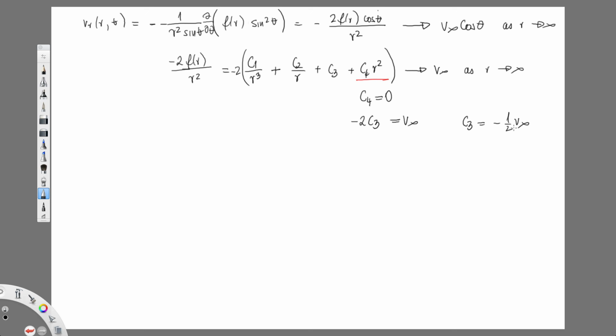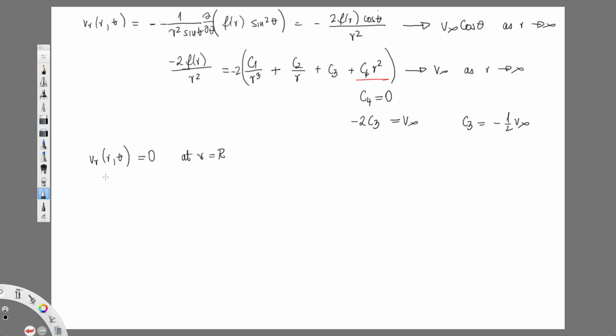So then the second part is that both v theta and VR should vanish on the surface r is equal to capital R. So VR should be equal to 0 at r equal to R. So what is my VR?